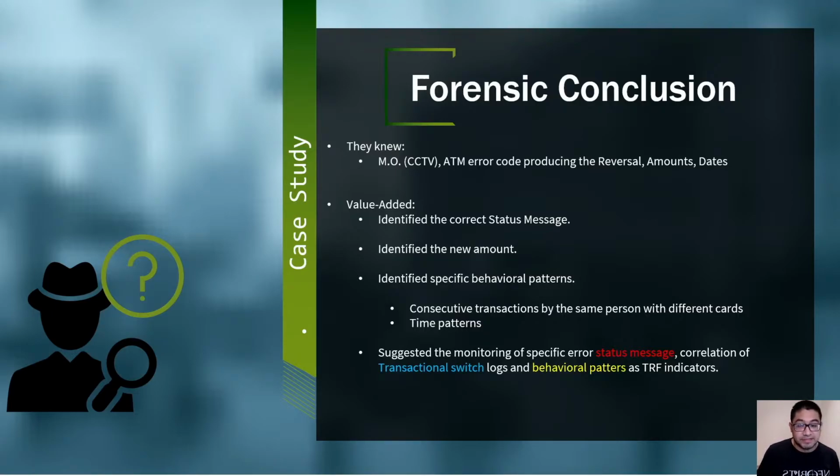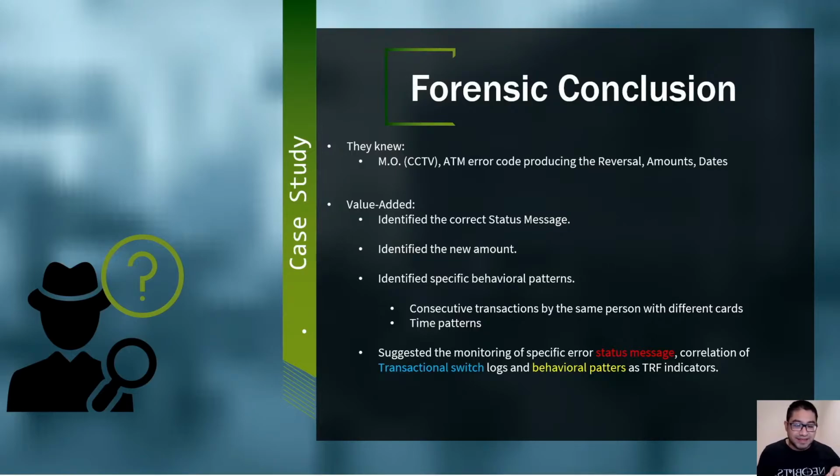Also, later than this, I found some behavioral patterns. For example, what I saw is that the person doing this transaction reversal fraud in these ATMs was using a card, and then swapping to another card, and he was using 4 cards. So I saw these consecutive transactions by the same person with different cards. How can I know that it was the same person?